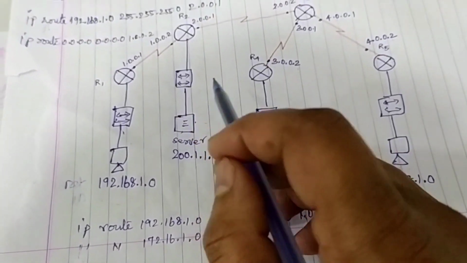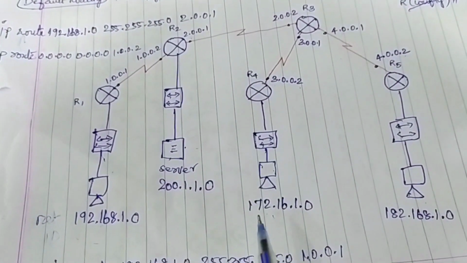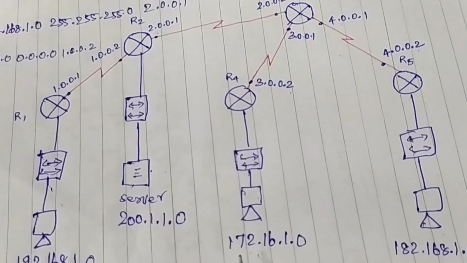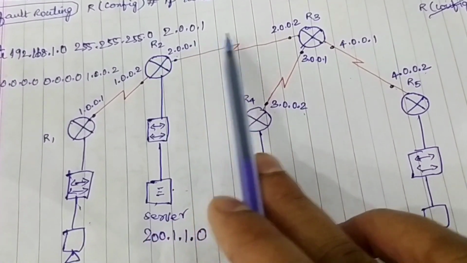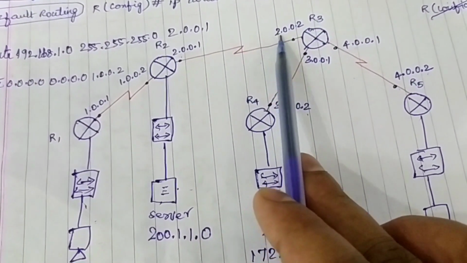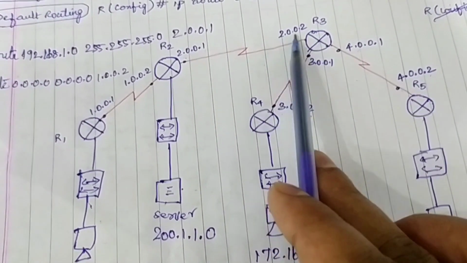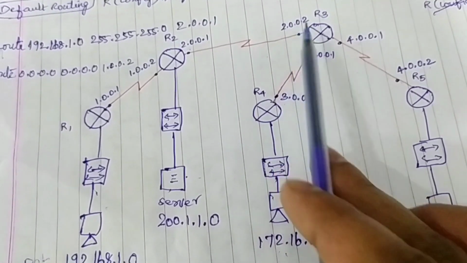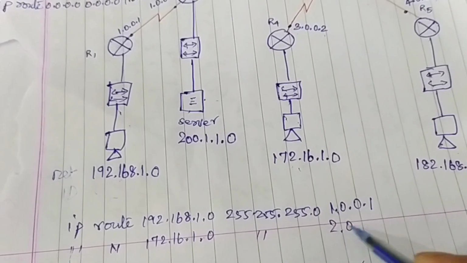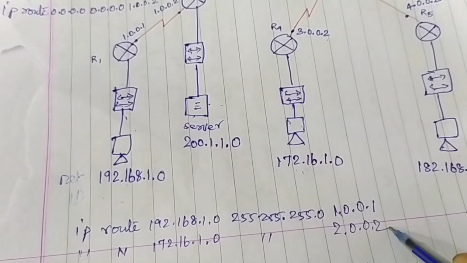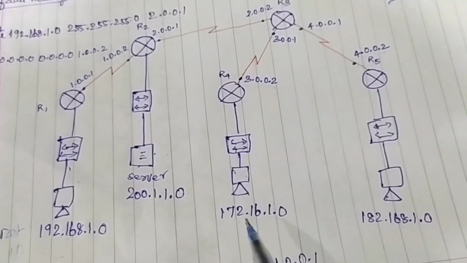Then to reach this network 172.16.1.0 from R2, what is the next hop? Next hop is this one, 2.0.0.2. Am I right? So right here, next hop is 2.0.0.2.